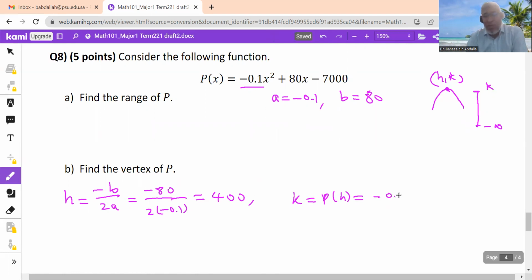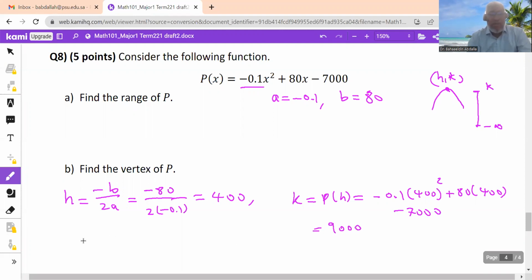So it would be negative 0.1 times 400 squared plus 80 times 400 minus 7,000. And this will give you the value of k. Of course, using the calculator to find the answer, you get k, which is 9,000.